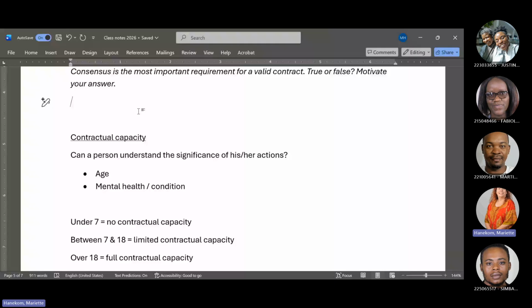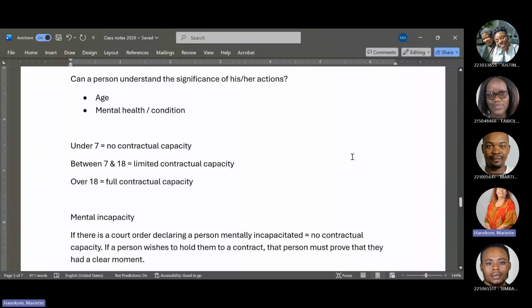Contractual capacity is affected by age as well as by your state of mind, your mental capacity. Simple rules with regard to age. Under the age of 7, there is no contractual capacity.